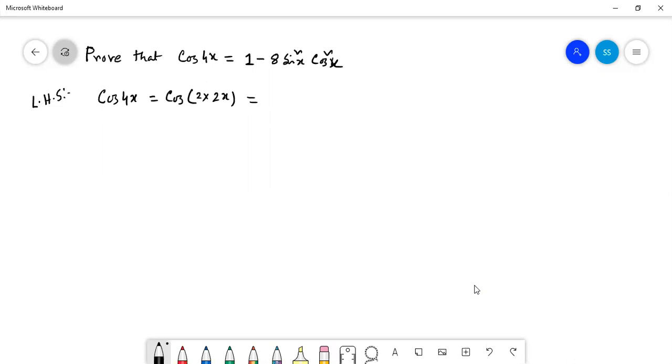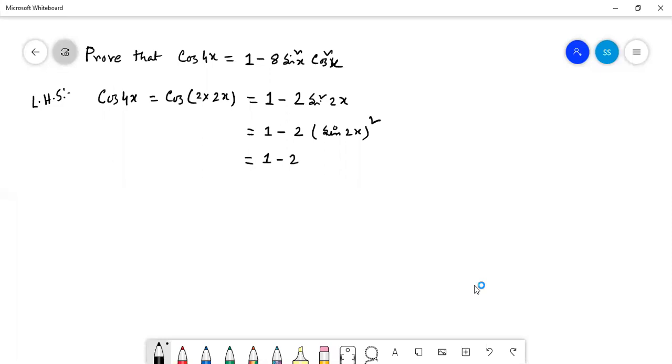There were 4 formulas of cos 2 theta, so we are using 1 minus 2 sin square theta. That gives 1 minus 2 sin square 2x, and it can be written as 1 minus 2 times sin 2x whole square.